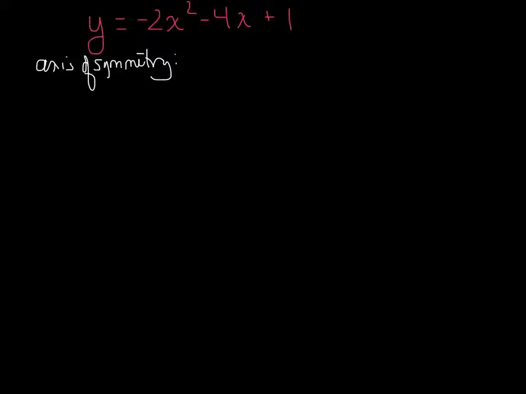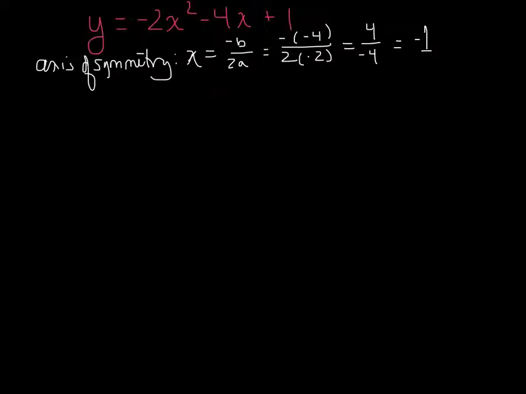Remember the formula is negative b over 2a. So our negative b value is a negative 4 divided by 2 times a negative 2. And this reduces to 4 over negative 4, which gives us a negative 1.